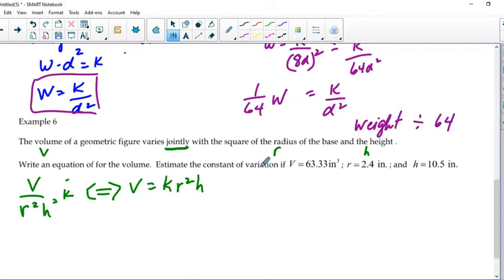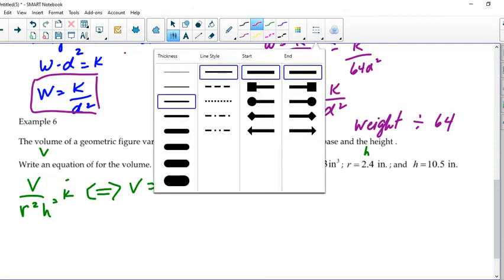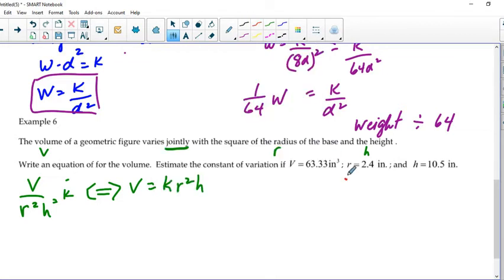Estimate the constant of variation if v, so basically we're just going to try to solve for the constant of variation. So we're going to estimate for the constant of variation if v is 63.33. The radius is 2.4, and I'm squaring that.